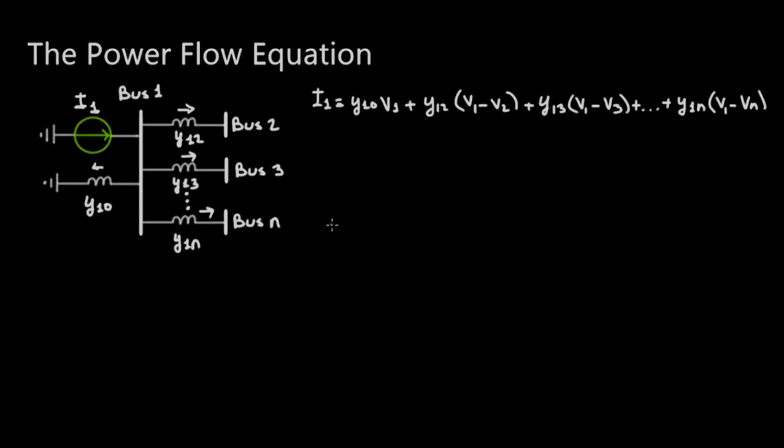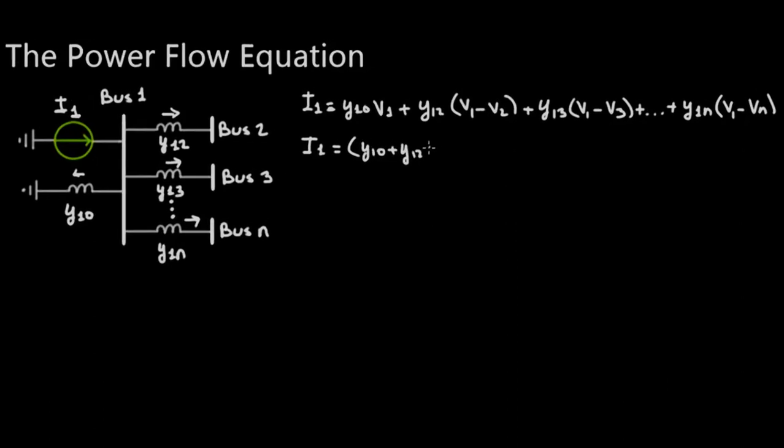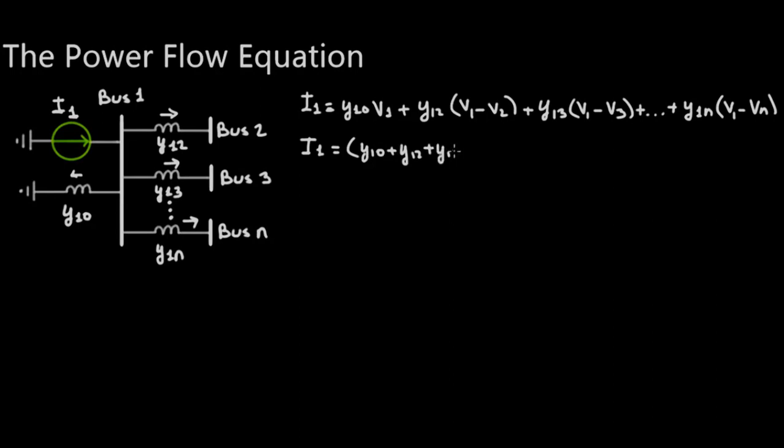Now I can rewrite this equation in terms of the voltages at the buses. I1 is equal to Y10 plus Y12 plus Y13 plus Y1n, times V1. All I did was factor out V1: I have Y10 times V1, then Y12 times V1, Y13 times V1, and Y1n times V1.